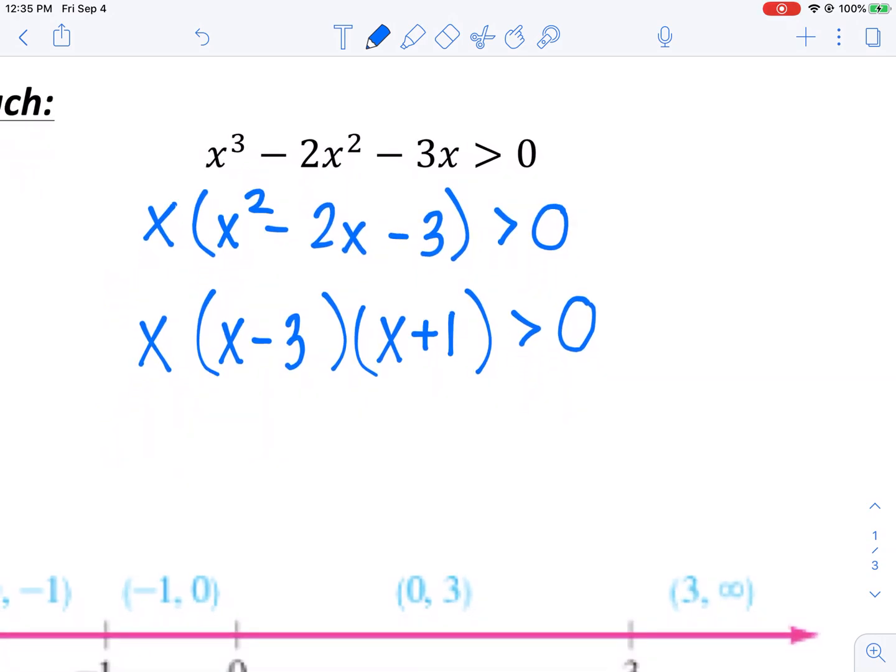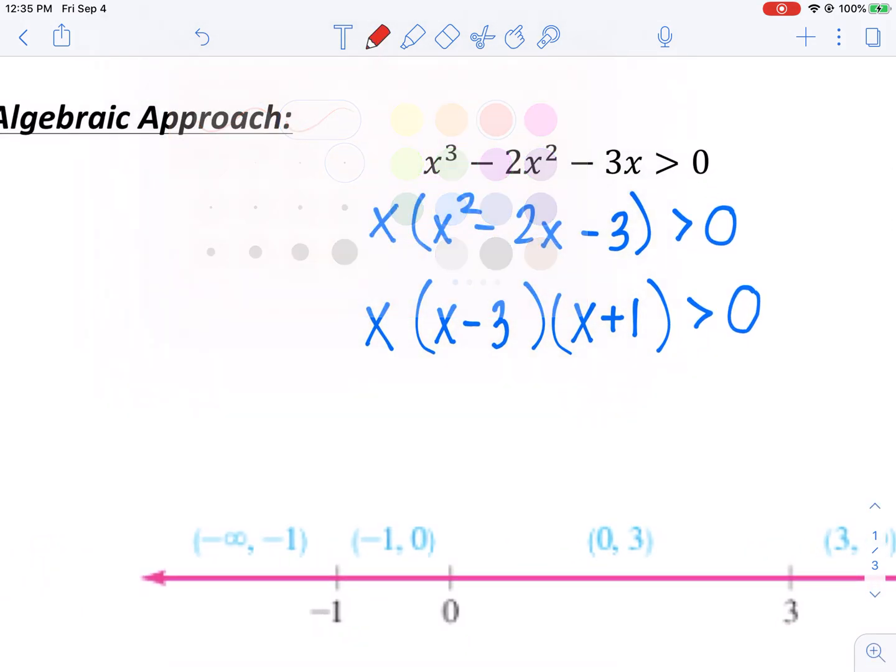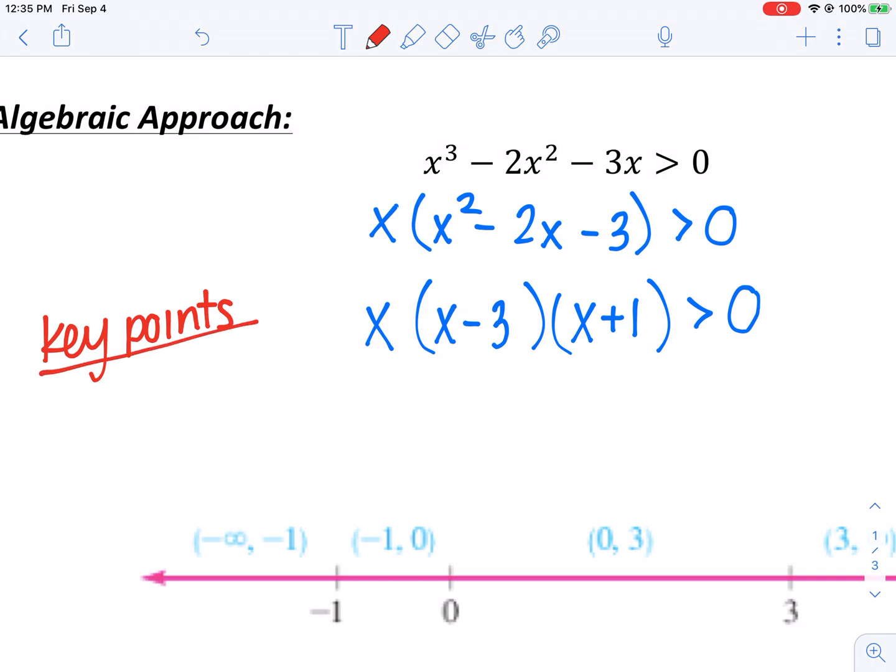Notice here, I now have a product that's greater than 0. So it's not necessarily the zero product property, but this will give us the x values that are what's called the key points. So you would see, I'll write this over here, the key points, or key numbers, whatever you want to call, is going to be, the first term is x equals 0.